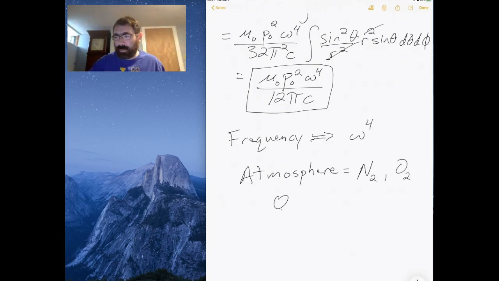And so now these dipoles, as they oscillate up and down, back and forth, the light that they're going to emit is going to be in the blues. So what we'll see is mostly blues and purples, which matches. The sky is blue.